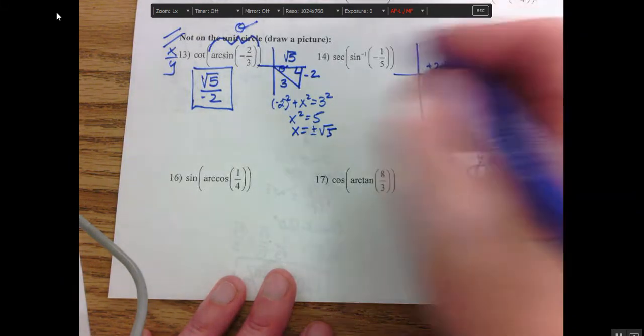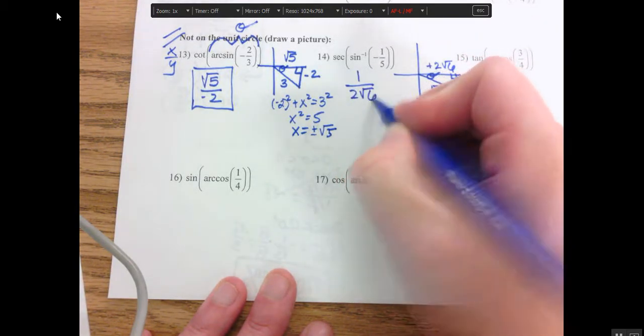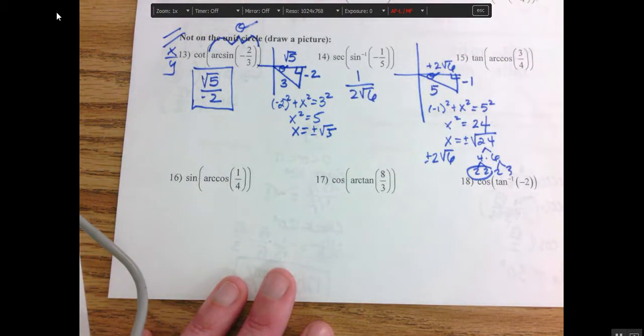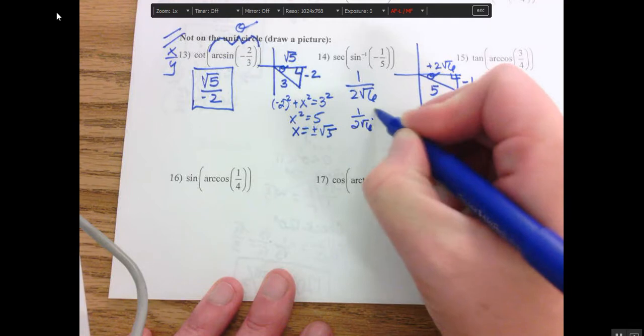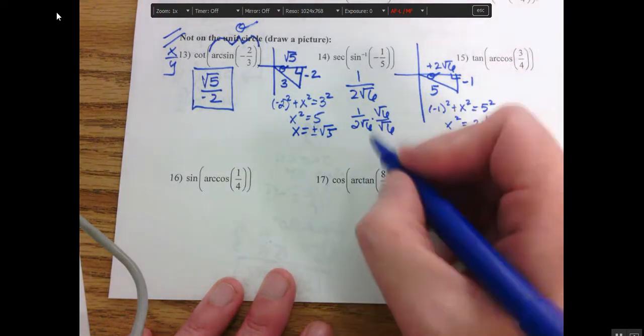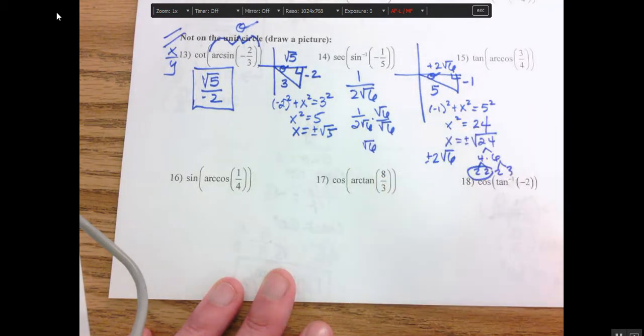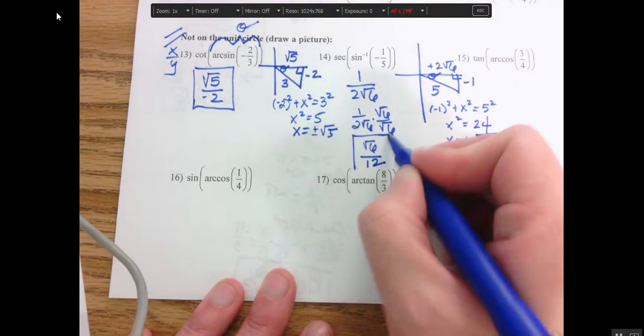So I need to do 1 over 2 root 6. And when I rationalize that, you only have to multiply by root 6 over root 6. So 1 over 2 root 6 times root 6 over root 6. And I get root 6 over 12. Is that what you guys get? Yeah. Okay.